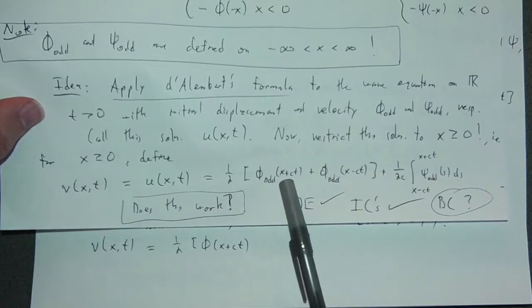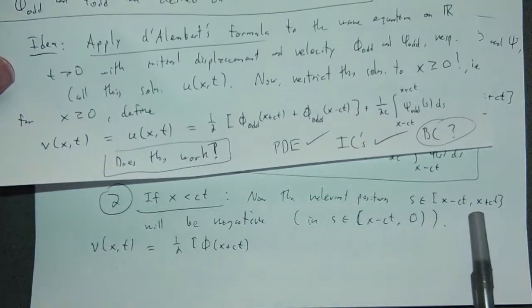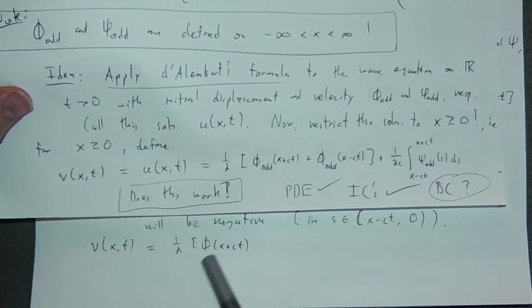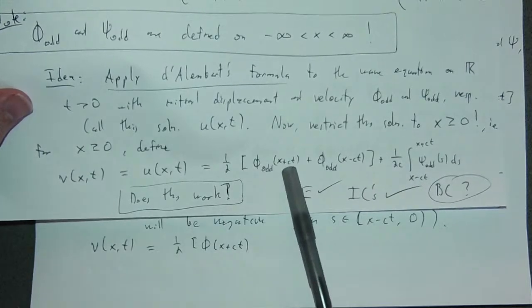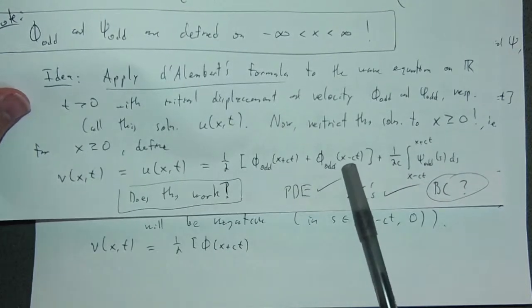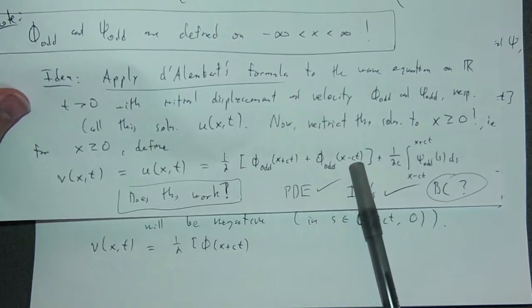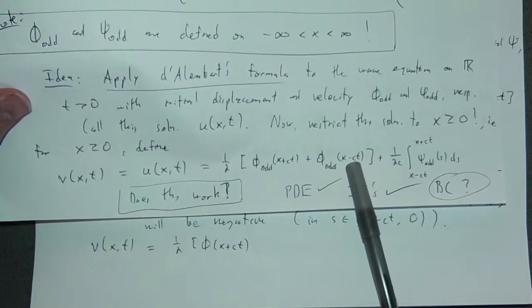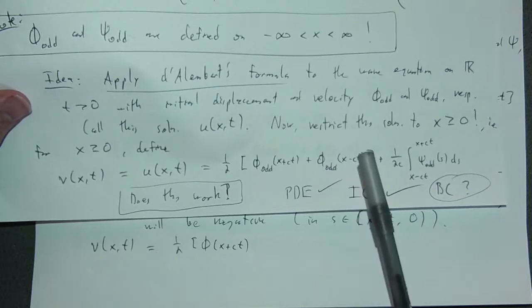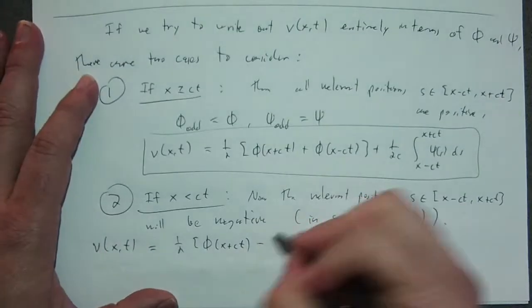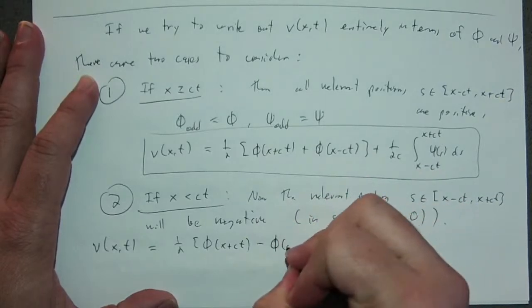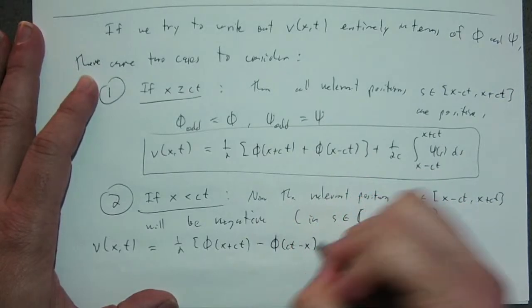So phi odd of x plus ct in this case actually still agrees with phi at that end because that's positive. But now at this end it's negative, so x minus ct is negative, so this should be minus phi of minus x minus ct, so ct minus x, right? So this is minus phi of ct minus x.